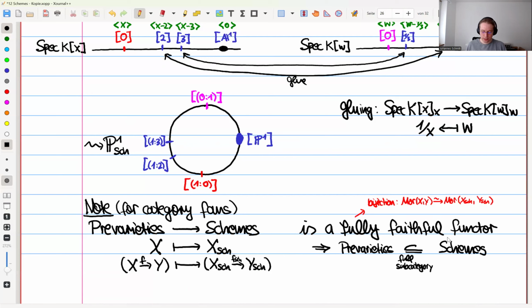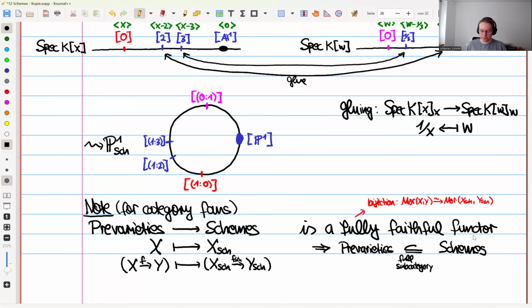This tells you that this map on the morphisms is actually a bijection from the morphisms here to the morphisms between the schemes. This tells you that for these new scheme objects, any possible morphism from this to here actually comes from a morphism of the prevarieties. And that's reassuring, because it means if we understand these morphisms here completely, then we understand these.